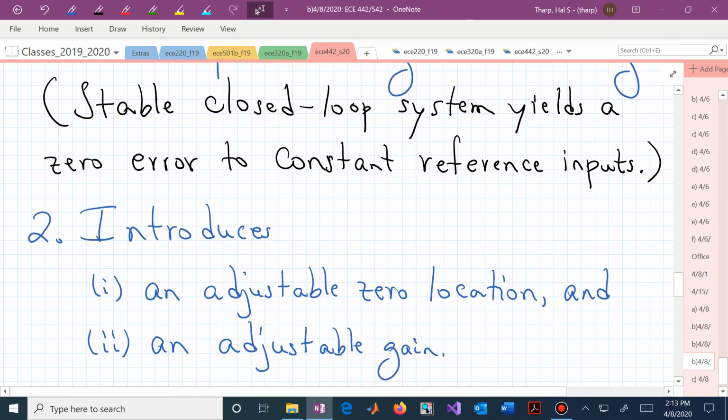The PI controller provides you with an adjustable zero location. You can change that alpha wherever you want, and that really just corresponds to allowing you to adjust the proportional knob and the integral knob in this PI controller, because you can actually buy a PI controller and it will effectively have knobs.